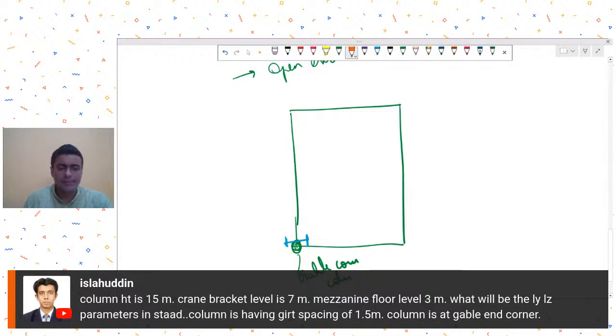Okay, this is my assumption. And let's say that local axis, if I had to draw local axis, this is local Y, this is local Z. I'm assuming this type of configuration you have. And now I'm going to draw the elevation of this column. So in elevation, my column is looking like this.